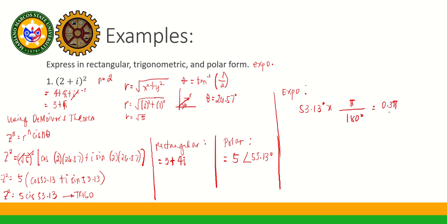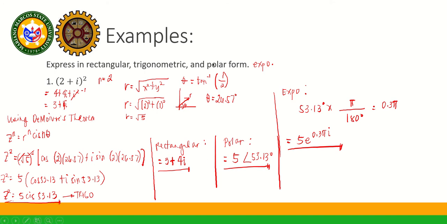So, ito na ngayon yung angle natin na gagamitin for exponential form. So, this will be equal to r natin is 5 and then e raised to 0.3 pi i. So, these are the conversions of the complex number na square. Okay? So, that is how we solve for complex numbers raised to the nth power.